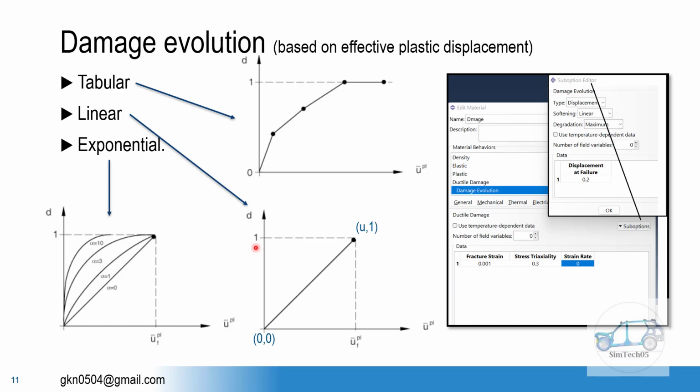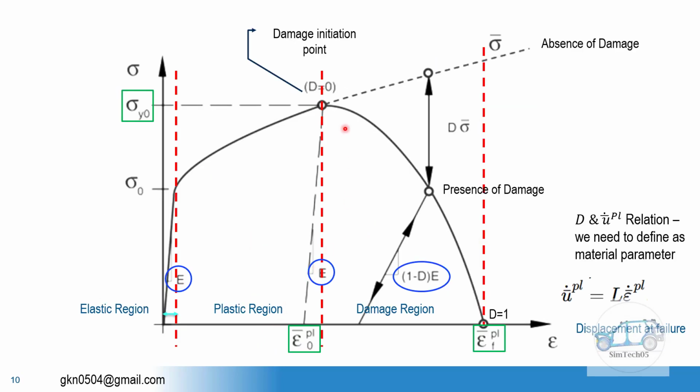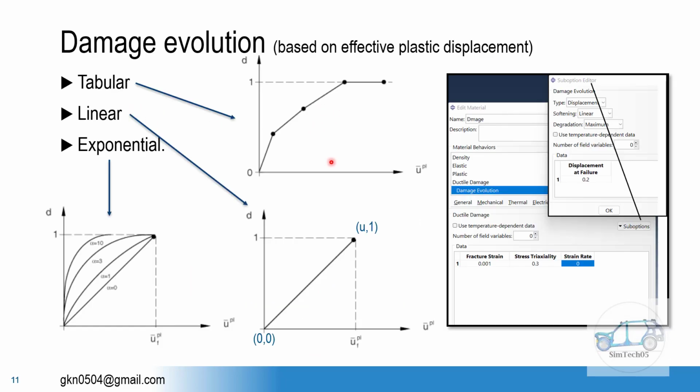It means when the damage is 0, the displacement at failure is also 0, which means there is no failure of the element. But once the parameter d reaches 1, what will be the value of the displacement at failure?